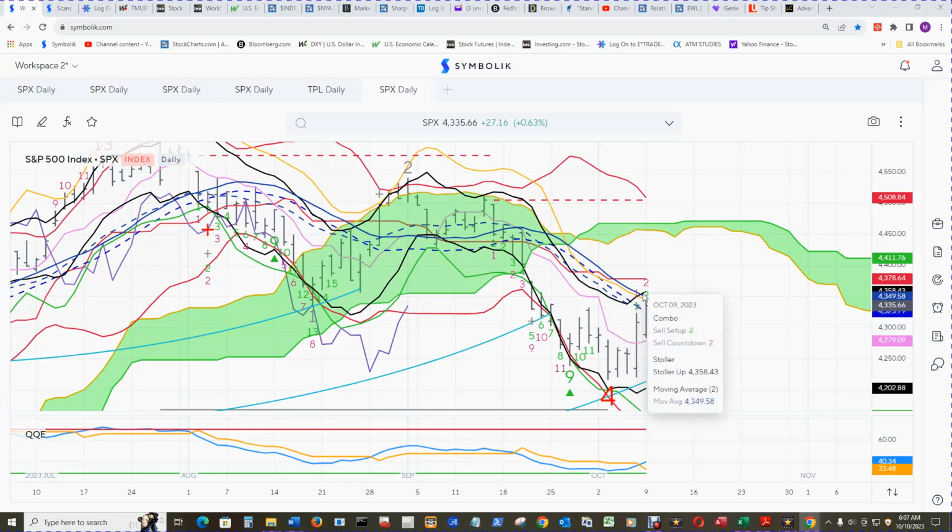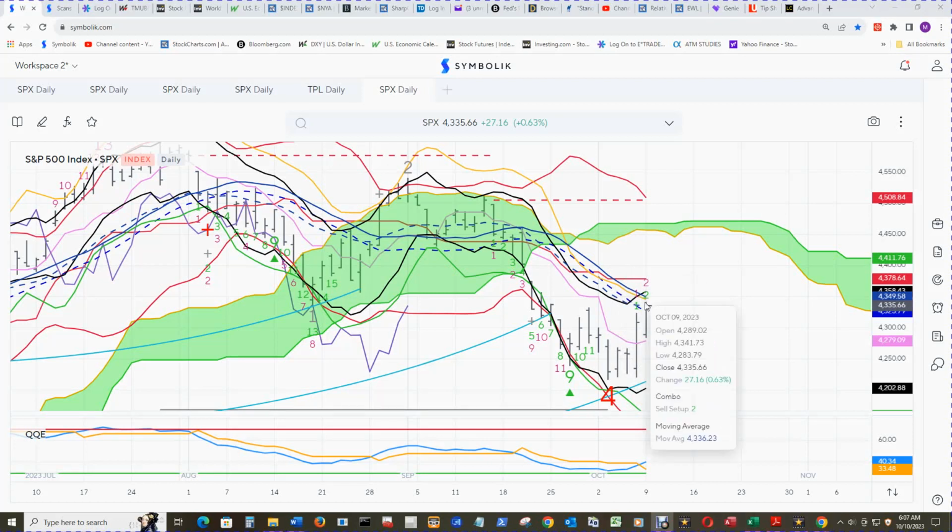And then the 20 simple moving average is right above the channel 3 high at 4349.58, and both the 21 EMA and 20 simple moving average are moving down, so it should be easy for price to get above and stay above those two averages there, the 20 simple in solid blue, the 21 EMA in dashed blue.